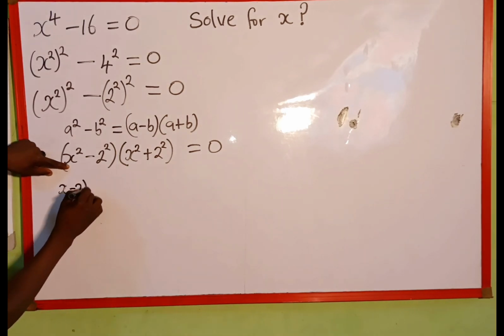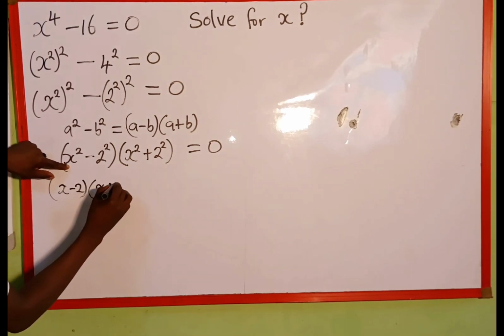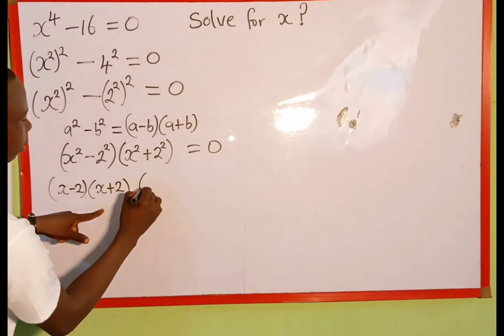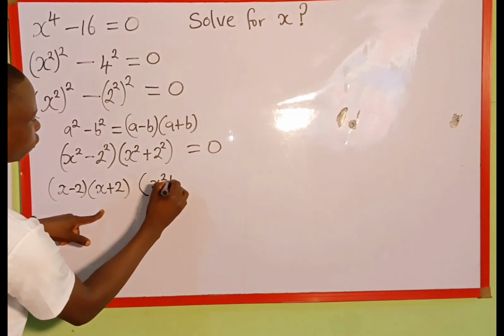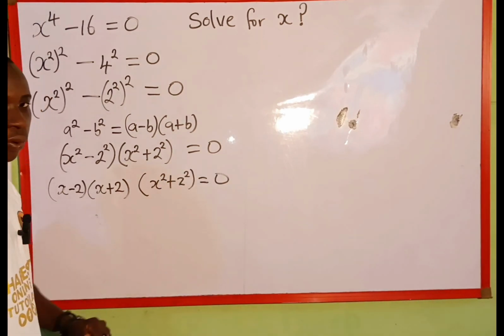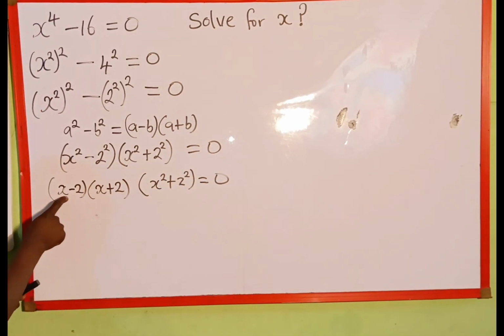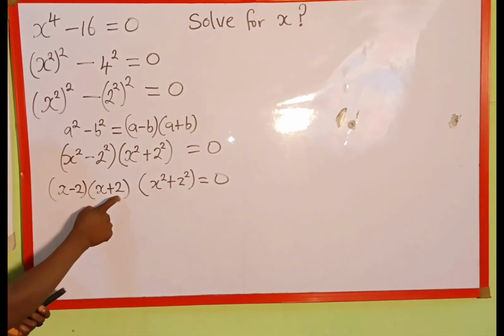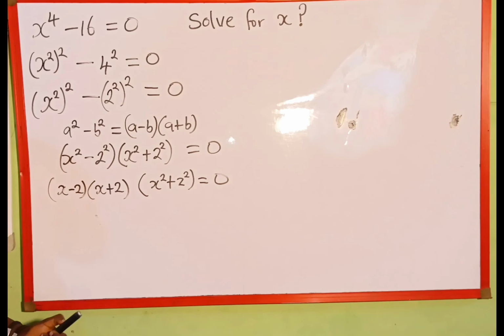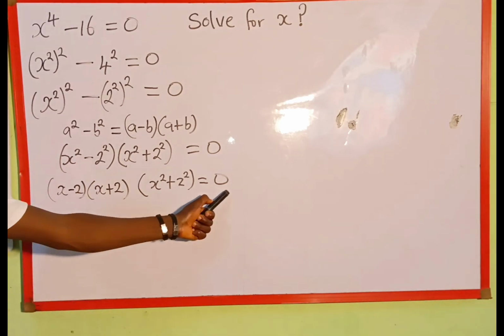X minus 2 multiplied by x plus 2 using this identity, then multiplied by x raised to the power of 2 plus 2 raised to the power of 2, everything equal to 0. As you can see, x minus 2 is multiplied by x plus 2, and x plus 2 is multiplied by x to the power of 2 plus 2 to the power of 2, and everything is equal to 0.